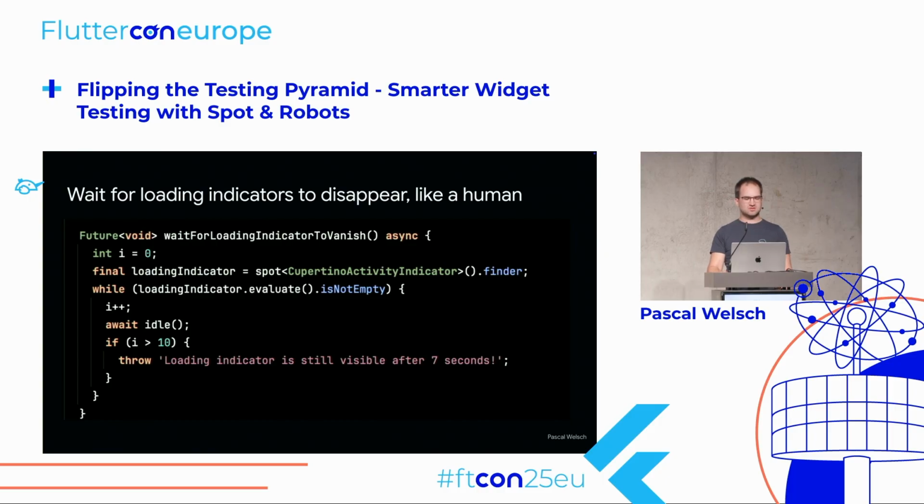Therefore, it's always great to write helper functions like this, wait for loading indicator to vanish, for example, which just waits for the loading indicator until it disappears, and then I can continue with my screen. That's exactly how users operate. They click a button, they wait for the loading indicator to disappear, and then they complain that nothing is shown.